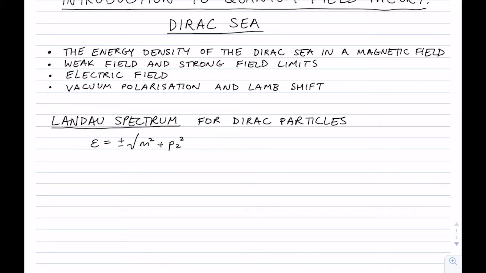We quantize it in the z direction, so the magnetic field is in the z direction, and you can actually generate this formula directly from the non-relativistic case by changing the Dirac equation formula in the magnetic field so that it matches the non-relativistic case.